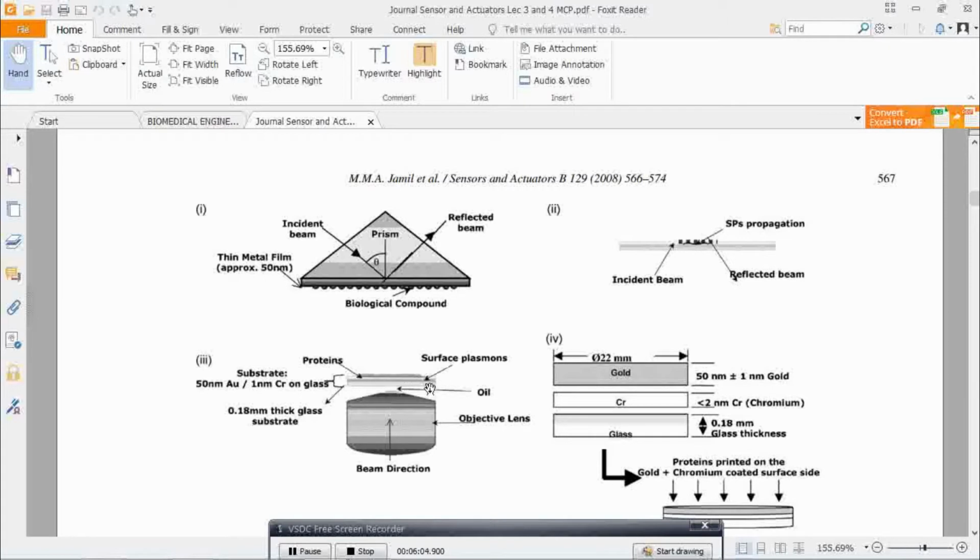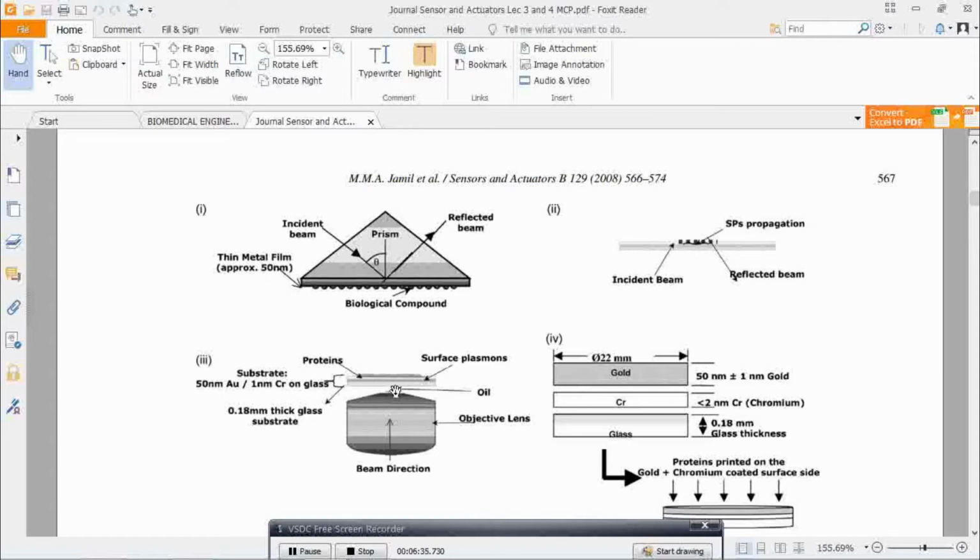gold on chromium. In order to make the gold metallic layer stick onto the glass, you need 1 nanometer of chromium. That's the function of this chromium. Chromium makes it so that the gold will stick strongly enough onto the glass slide.